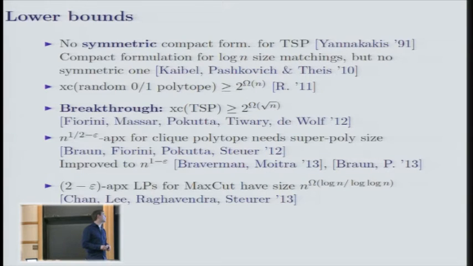Probably, I would call this the most striking difference. If you ask about the best one in terms of the size, I would need to think a little bit about it.